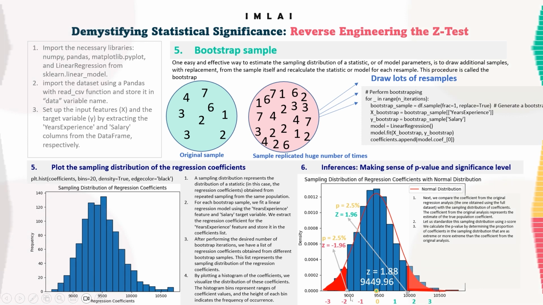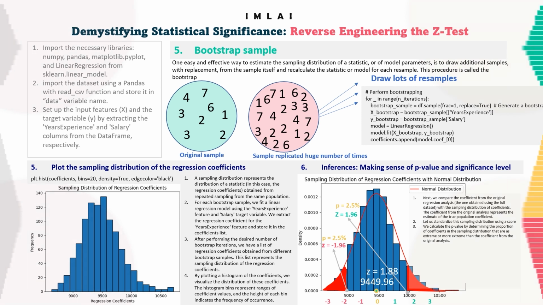If you want to tell it in regression coefficients, 2.5 percent of regression coefficients are falling below 9,000, and another 2.5 percent are falling above 10,000.